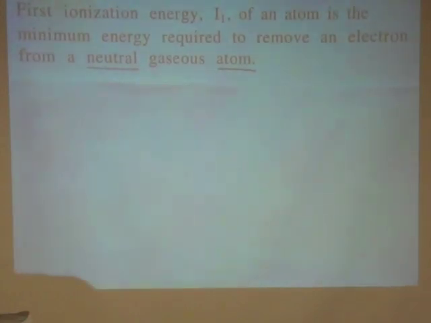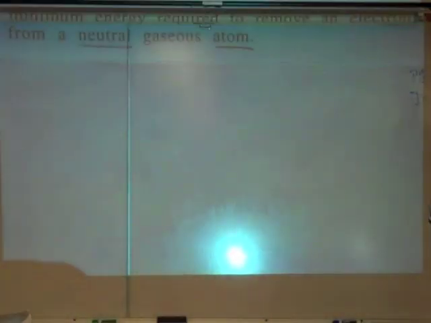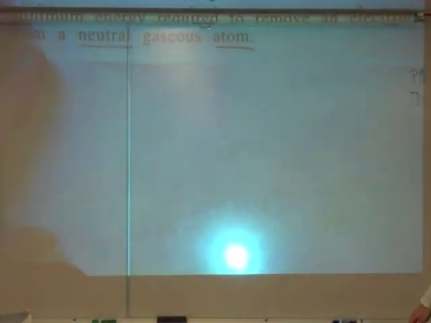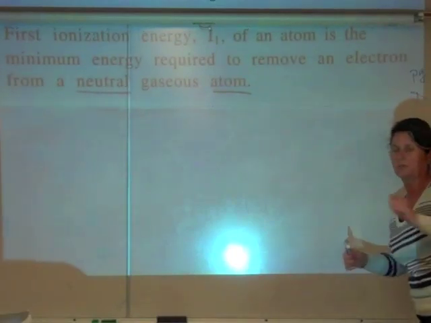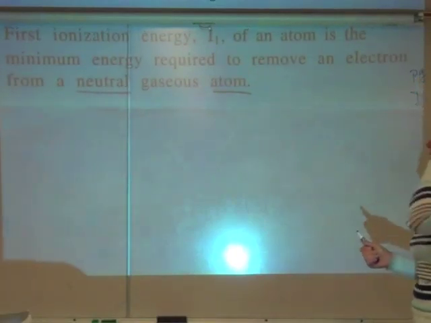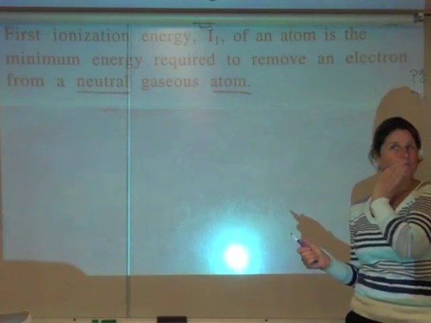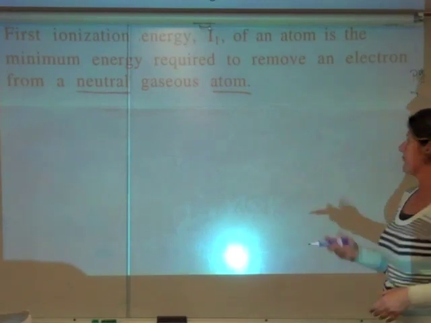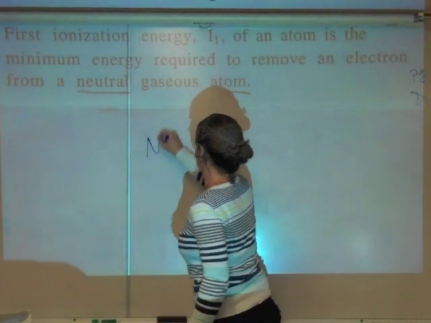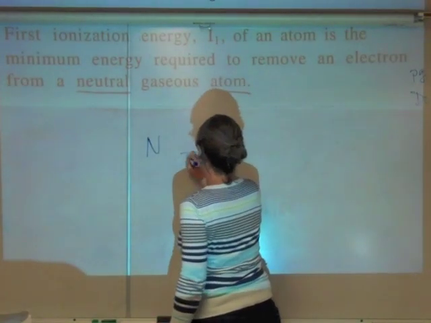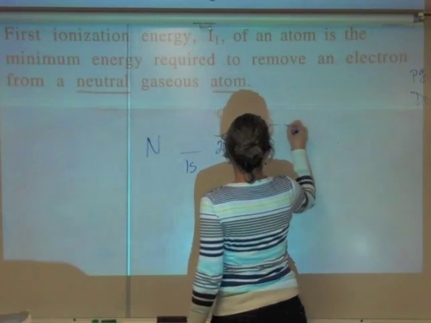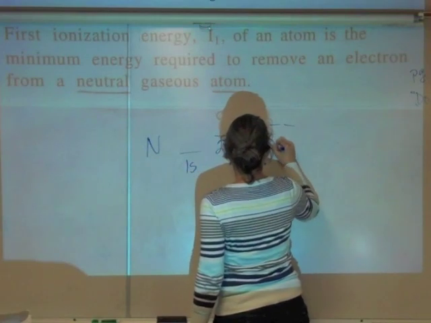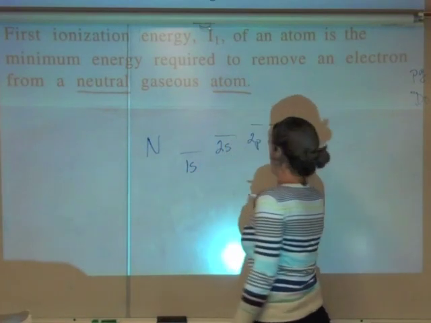So what is it that I'm talking about? Let me make a quick orbital diagram to try to clear this up. Let's make an orbital diagram for nitrogen. We've got 1s, 2s, and then the 2p's.